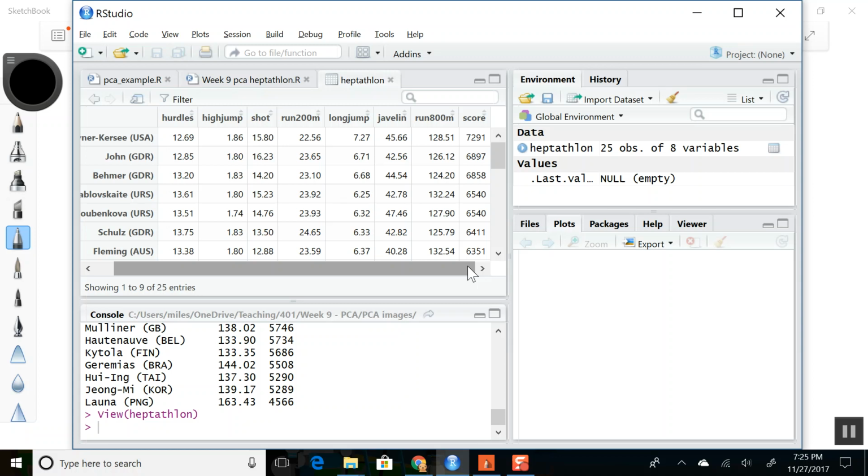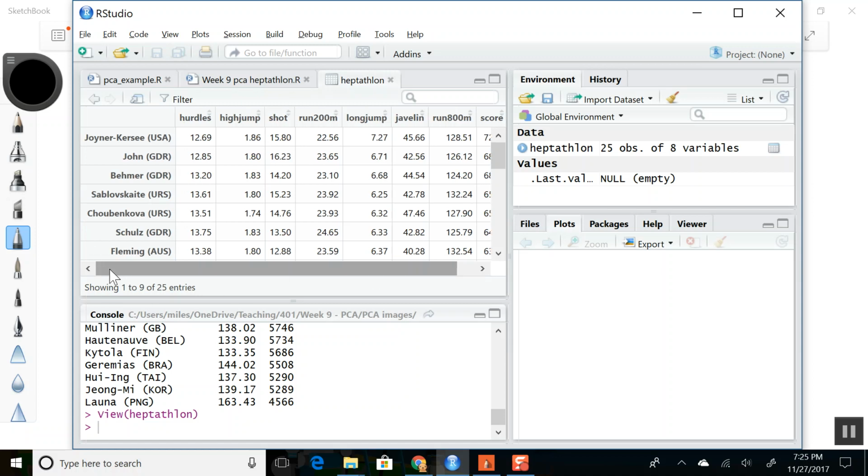So what we want is to project from 7 dimensions down to just 1 dimension. Okay, that's effectively what we want to do.